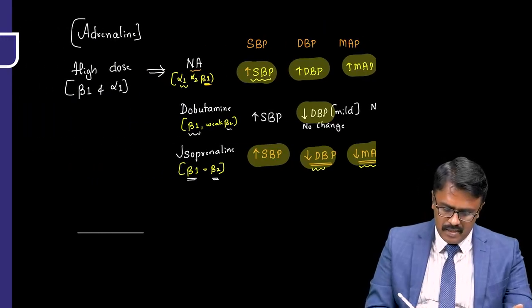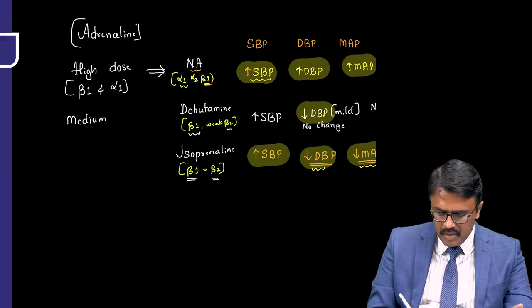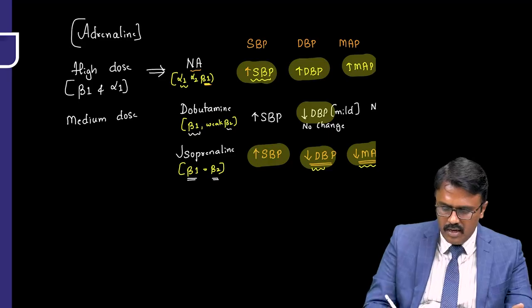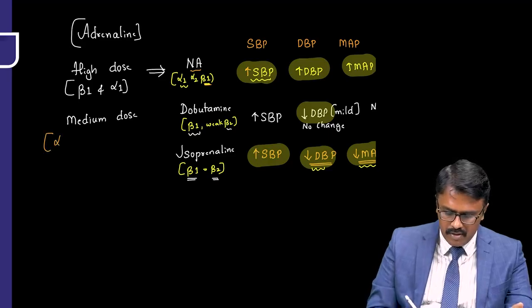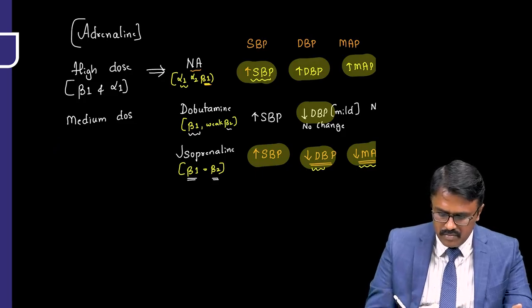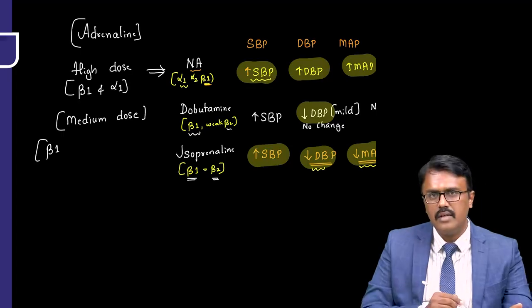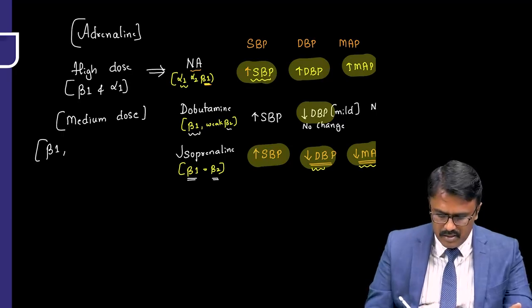Correct. Suppose you are using adrenaline at a medium dose. Okay, let me write like this. At medium dose, the drug will continue acting on beta 1. And the next important thing is, at the medium dose, it can act on both alpha 1 as well as beta 2.